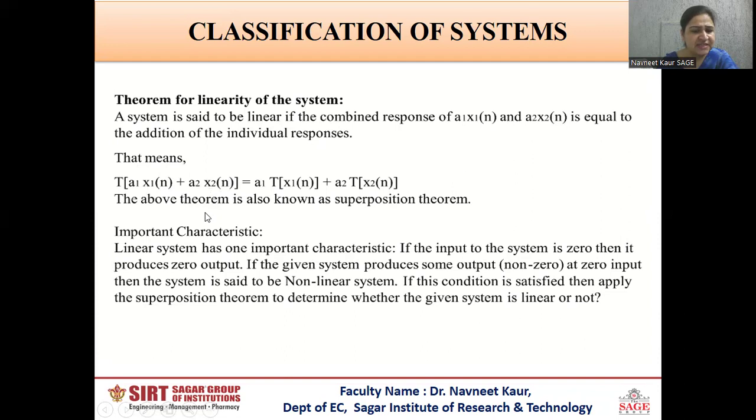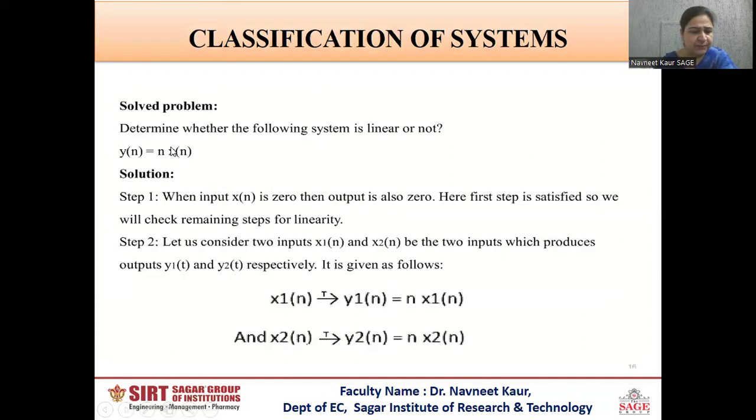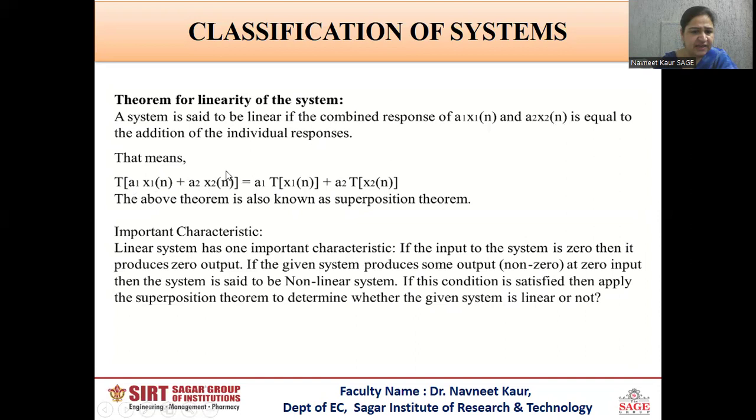Now, what does the system do? The system will take this as an input, and according to this equation, it will multiply this input with n. So if this is the input, the output will be n multiplied by the whole term, which is a1 x1[n] plus a2 x2[n].